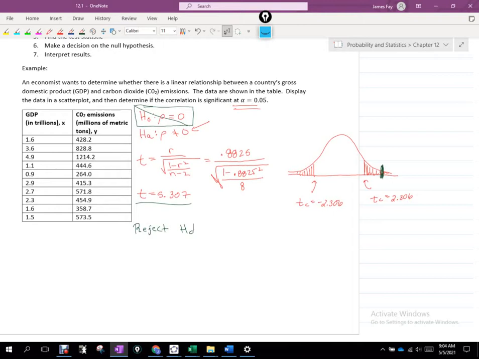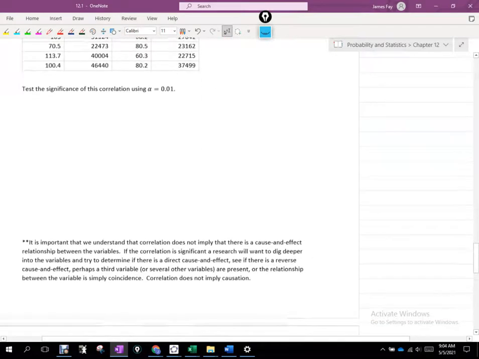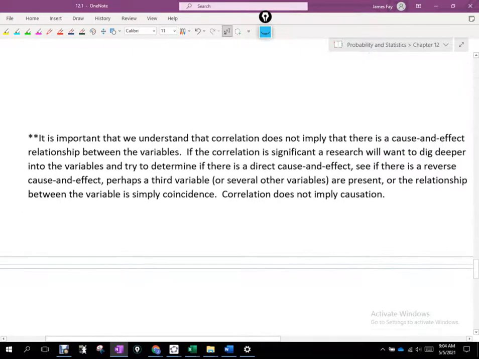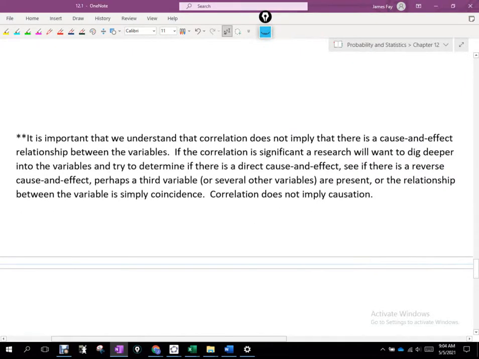It does not mean that it's the cause. It does mean that there's a relationship, that they're related somehow. Okay? I'm going to scroll down here. It says it is important that we understand that correlation does not imply that there is a cause and effect relationship between the variables. Okay? So correlation does not imply causation. Does that make sense?